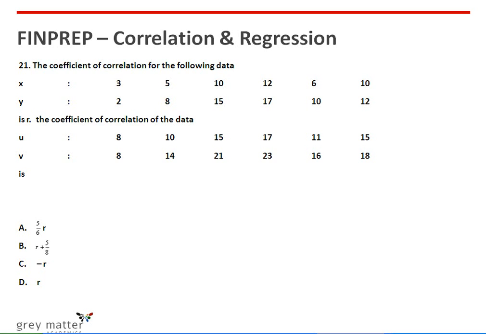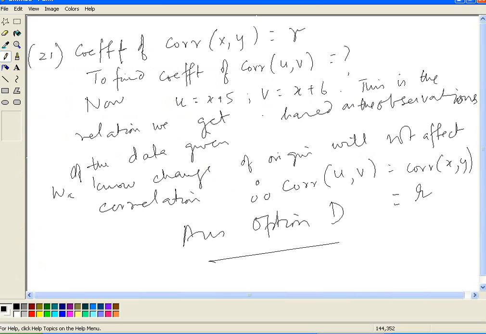Based on the observation, we find that given that coefficient of correlation of x and y being r, we need to find coefficient of correlation of u comma v.